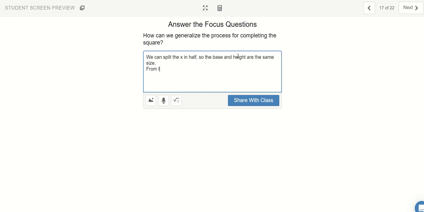From there, we can see how many more tiles we need for the missing section. And then we can factor into a perfect square, which lets us square root both sides, or something like that. Again, if you want to summarize this answer, you guys can. Again, I tend to be a little bit wordy when I type out my answers.